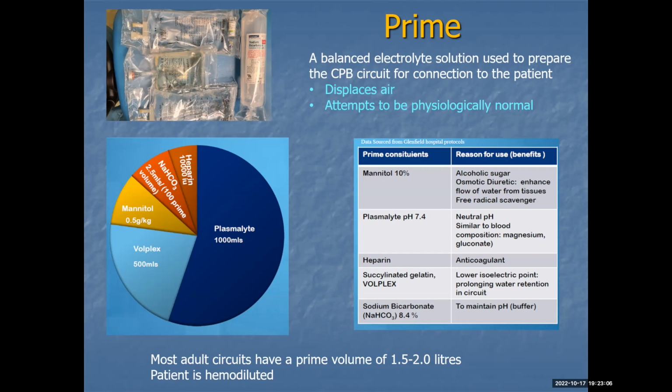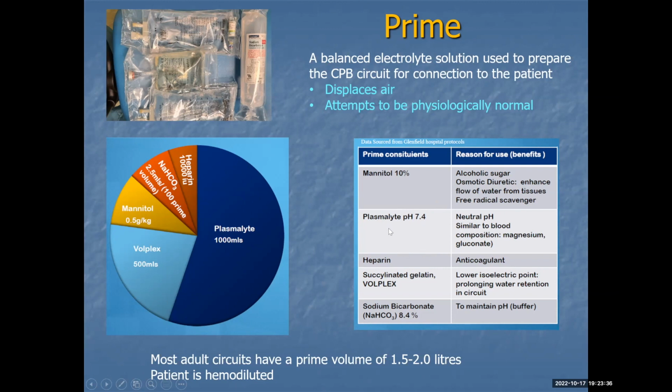So prime, again, depending which centre you're at, there is a degree of variation. You tend to always find there will be a crystalloid, a colloid, and heparin. Those are kind of a given, but depending on preference and the anaesthetic input, the cocktail will differ slightly. What we use for our crystalloid component at UHL is Plasma-Lyte 7.4.